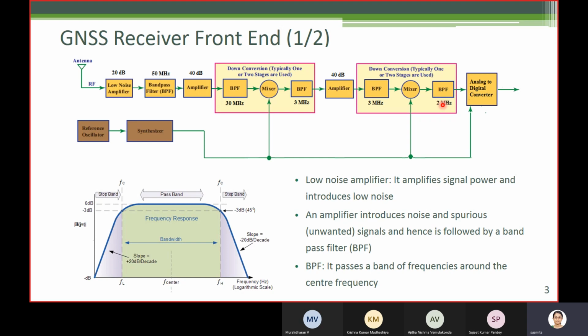And the sampling frequency must be at least twice or 2.5 times the pass band. So if you consider 2 megahertz, it will be 2.2 to 2.5 times of this, 4 to 5 megahertz at least. The sampling frequency has to be chosen accordingly.